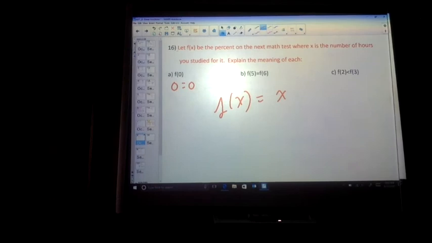You got a 0. This means if you study 5 hours or 6 hours, you get the same exact score. This means if you study 2 hours versus 3 hours, you get a lesser score on your math test.